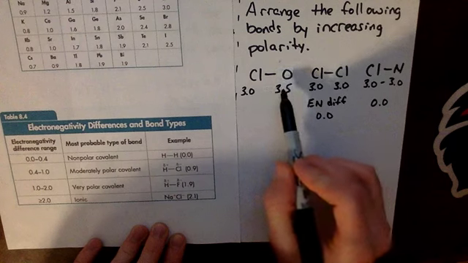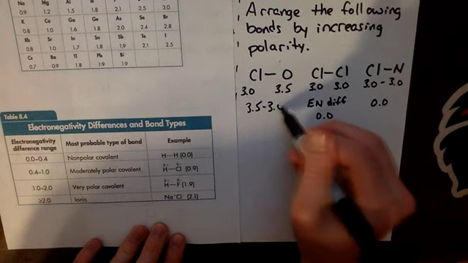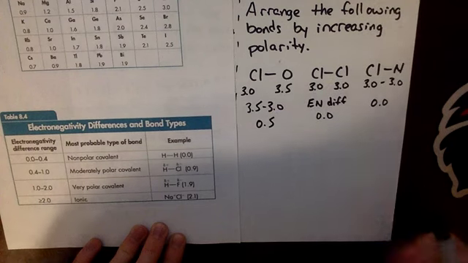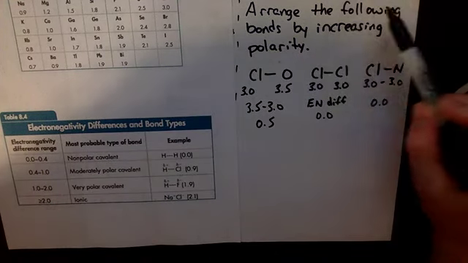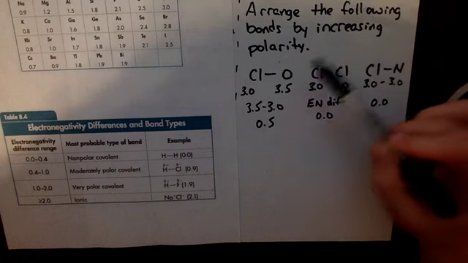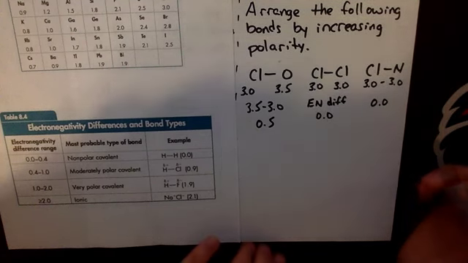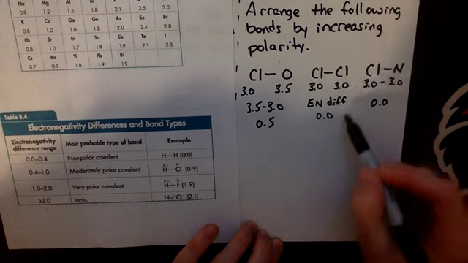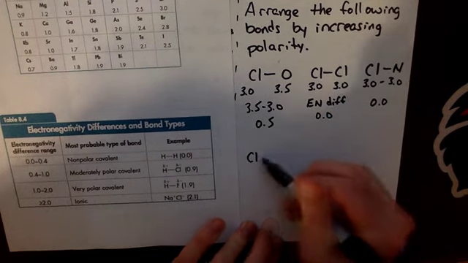And then we've got chlorine and oxygen here. We'll just simply subtract their values, and we have a 0.5 difference in electronegativity. So to answer the question, arrange the following bonds by increasing polarity. That means from least polar to most polar. Well, we know this one, something bonded to itself, is perfectly nonpolar, so that will be our least polar.